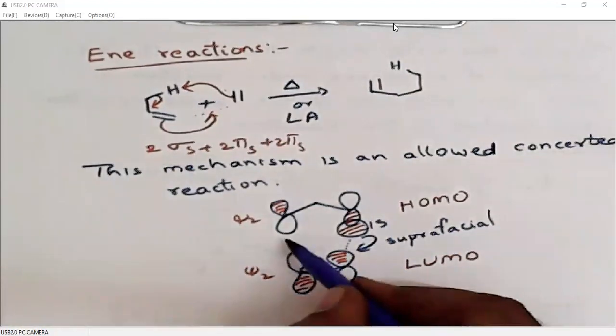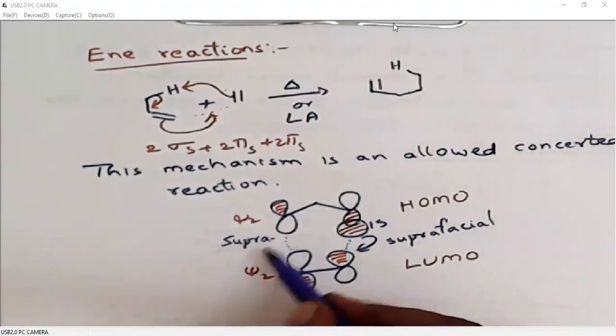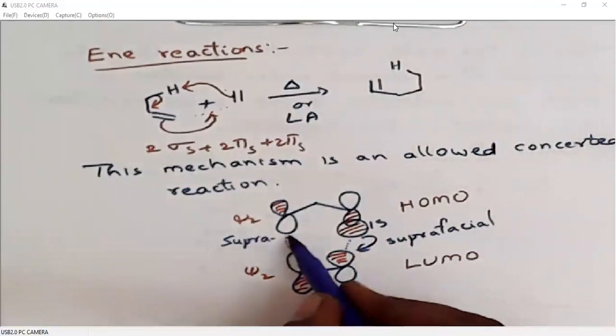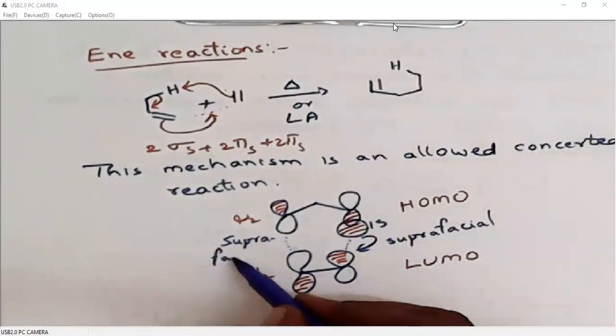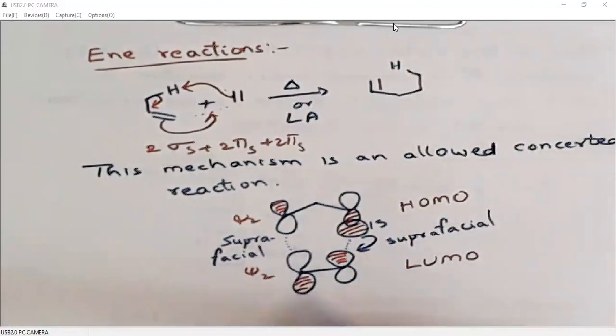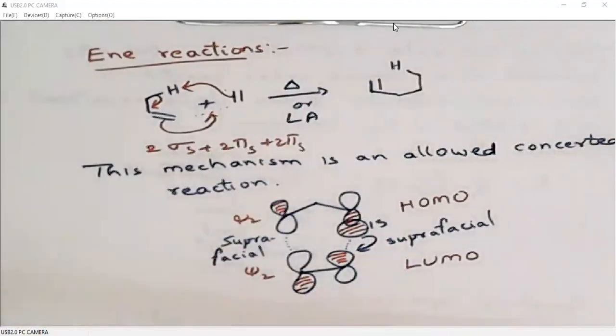At the same time, we can also see that the bonding interaction, again, is a suprafacial bonding interaction. That means a sigma bond can easily form between these two orbitals. So this is how we can easily say that ene reaction is a suprafacial bond formation reaction.